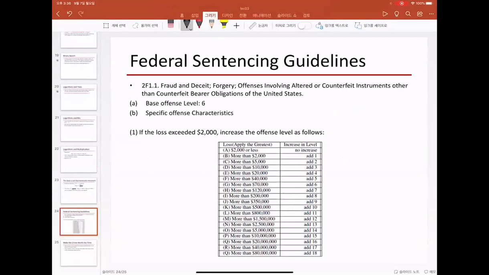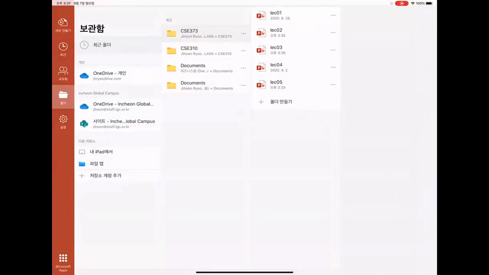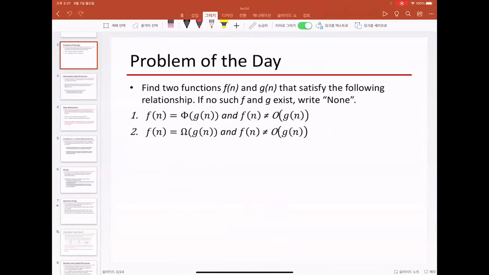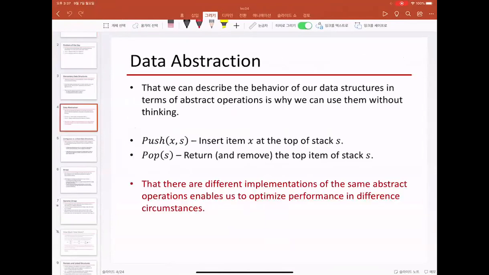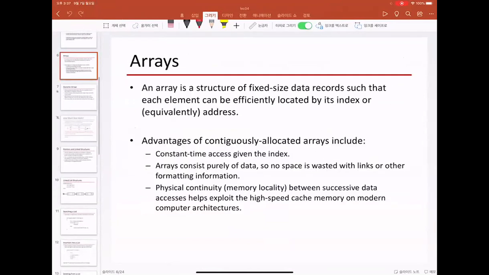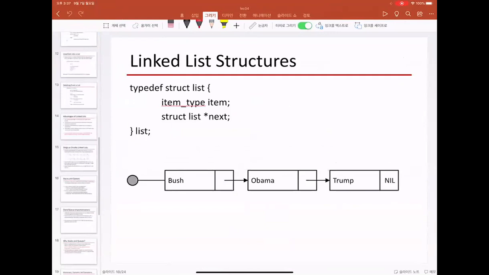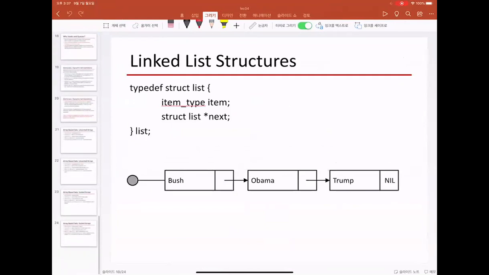In lecture 4, we talked about elementary data structures: arrays and linked lists, and how efficient they are.